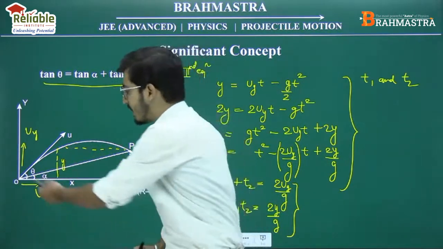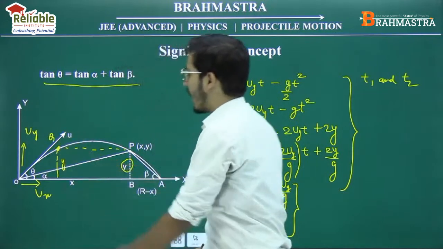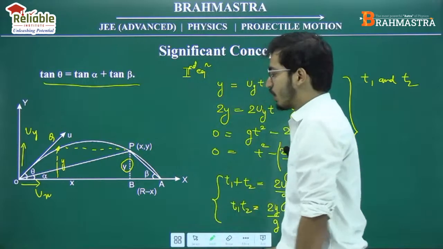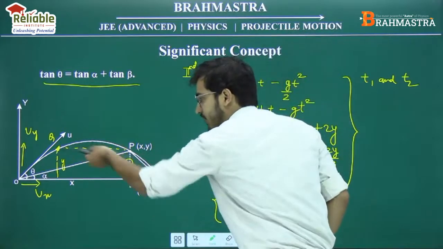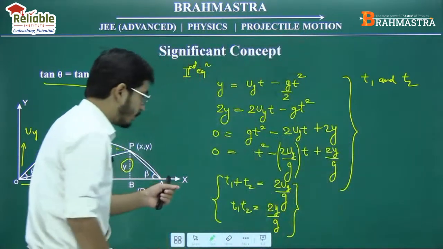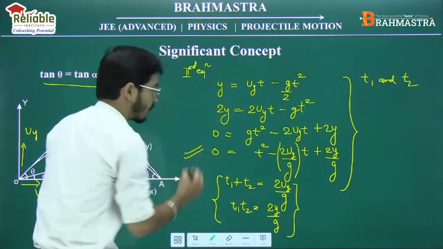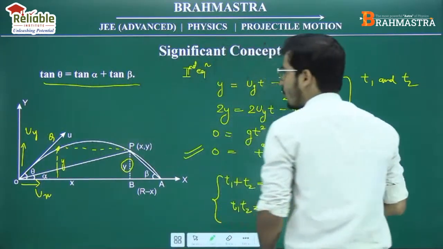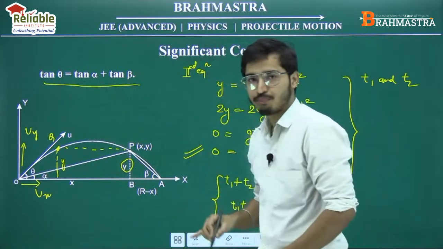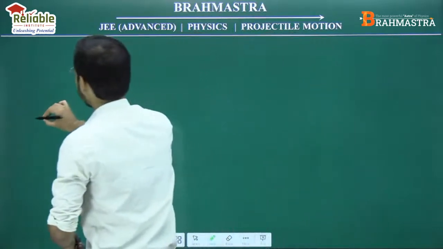The particle takes t1 time to reach this particular point Q, and the particle takes t2 time to reach this point P. So the particle is at the same vertical displacement at two different instants of time, and the relation between those times t1 and t2 is as per this quadratic equation. Now we are supposed to prove that tan theta is equal to tan alpha plus tan beta. Fine, so let's go to the next slide.